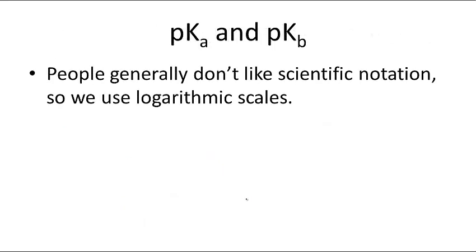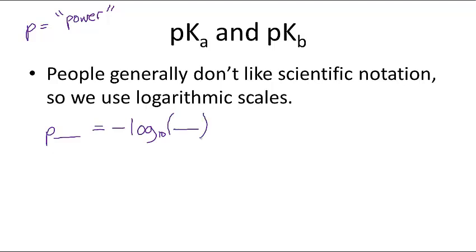So what we do is we use a logarithmic scale. We're going to see this with the pH scale, but I'm going to introduce it now. Whenever we put P in front of anything, P stands for power. In this case, a lowercase p in front of anything is going to be the negative log base 10 of that thing, whatever it is.